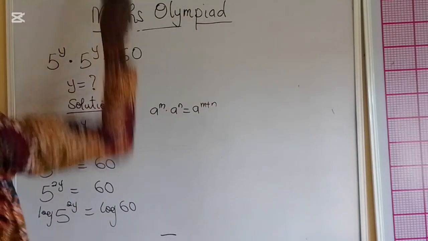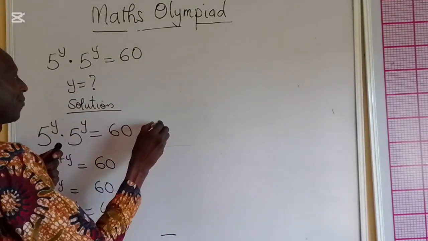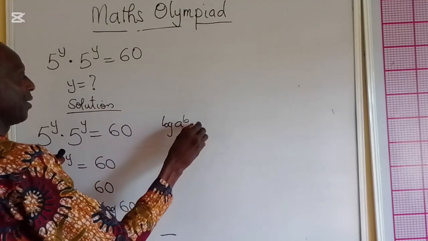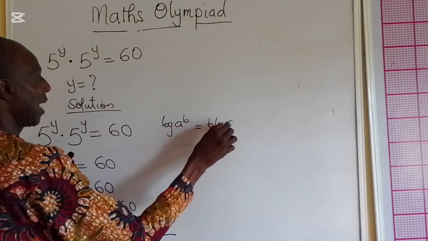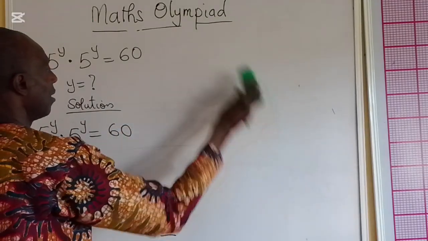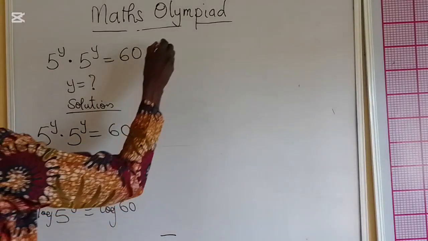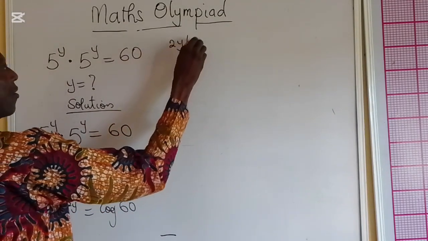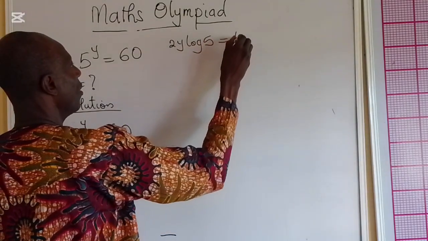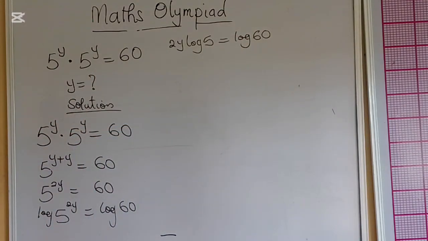Okay? If that one is that, let us now go further. And I've also explained that log a raised to the power b is b log a. So log 5 raised to the power 2y is 2y log 5 is equal to log 60.